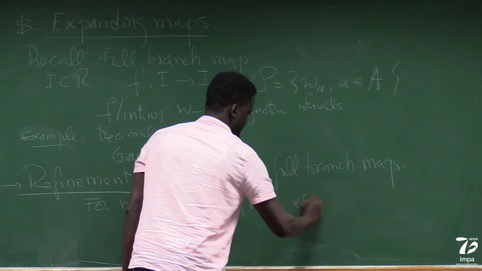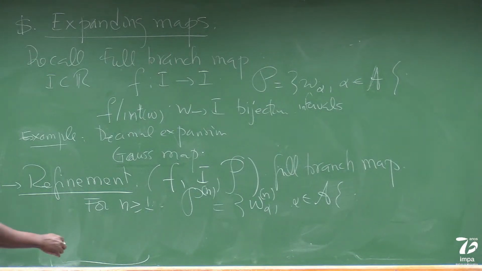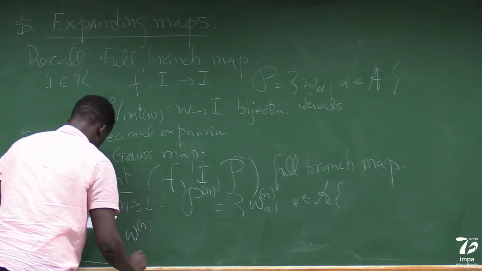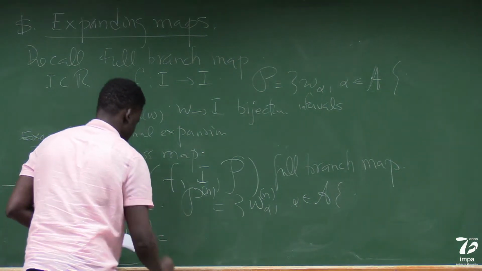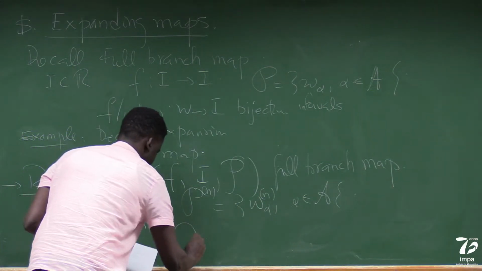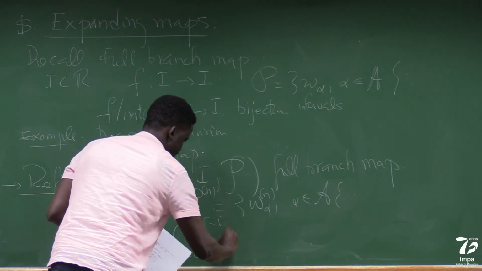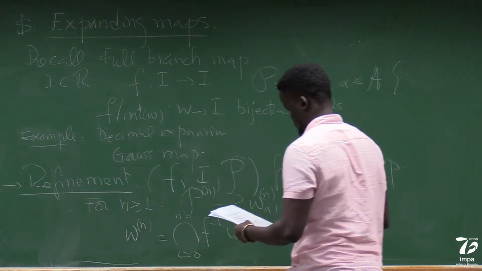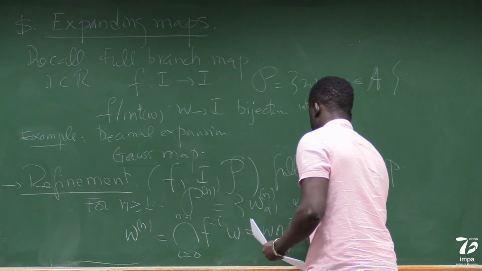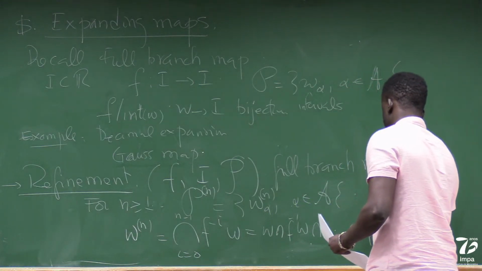How is this defined? You just take pullbacks: omega n equals the intersection for i equals 0 to n minus 1 of f minus i of omega. So this is omega intersect f minus 1 omega intersect ... intersect f minus n plus 1 omega.